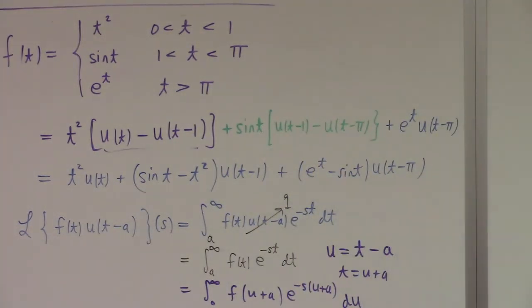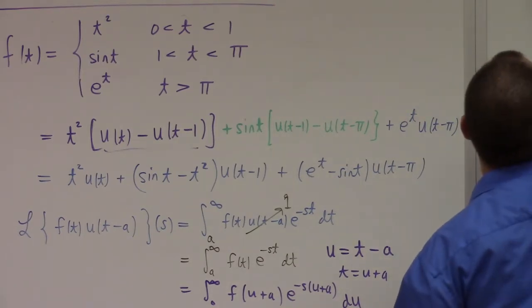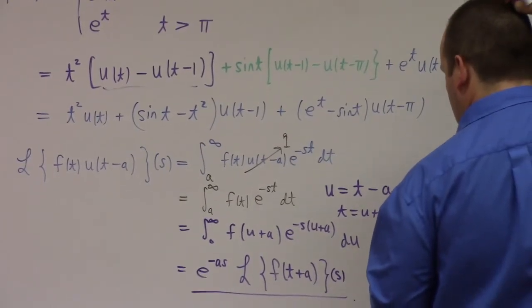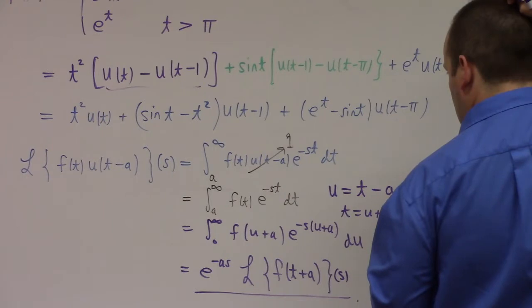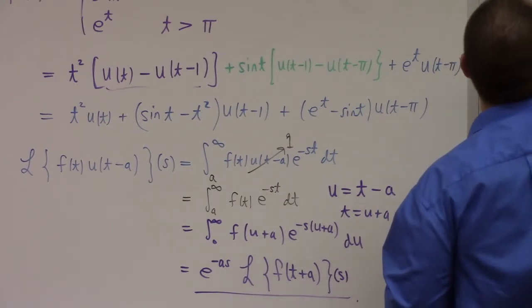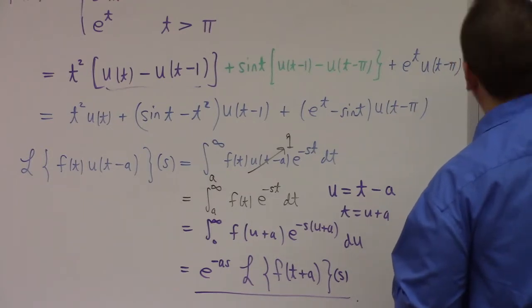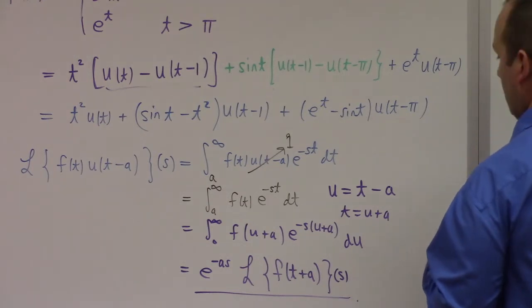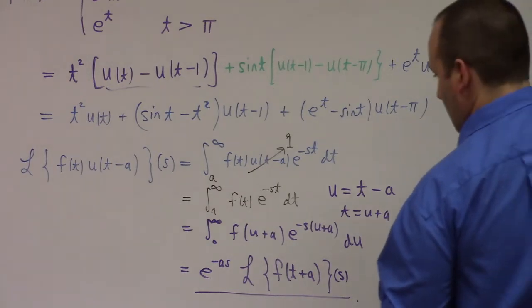So the other way around, what if I have the Laplace transform of g of t times e to the minus as?